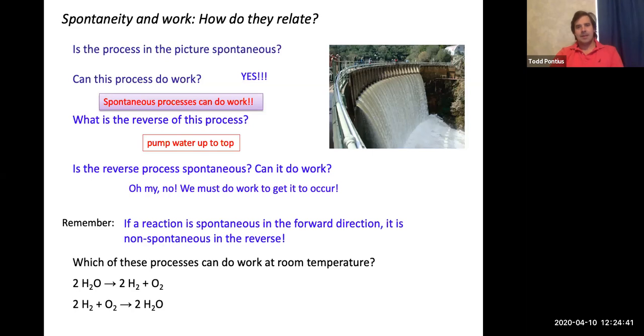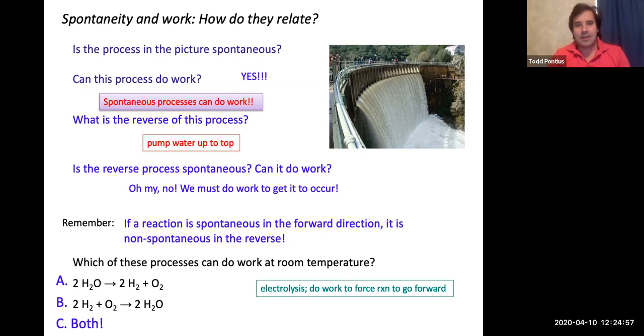Okay. And so we finished with this clicker question, which was, which of them can do work at room temperature? The answer was B. B is our combustion reaction. It's our hydrogen exploding, and it's what propels rockets into space. A is what's called electrolysis of water. It's splitting water into hydrogen and oxygen.